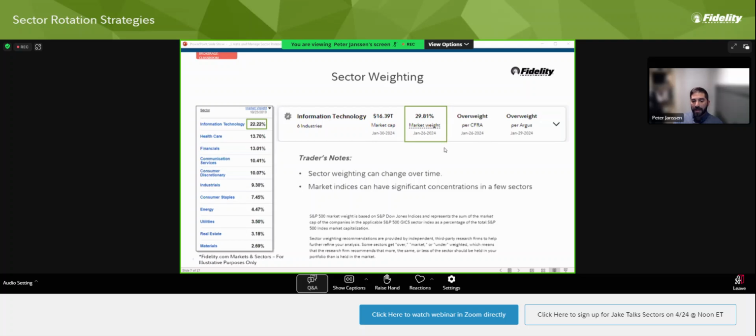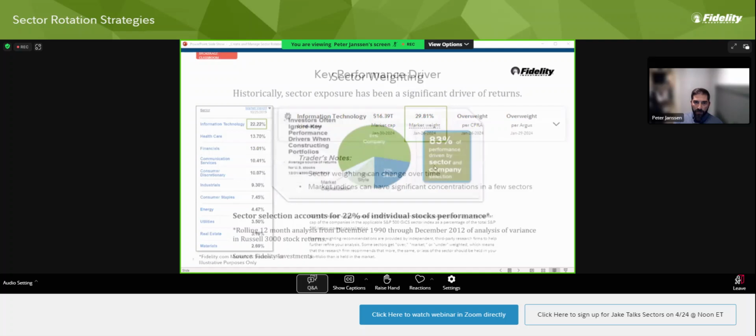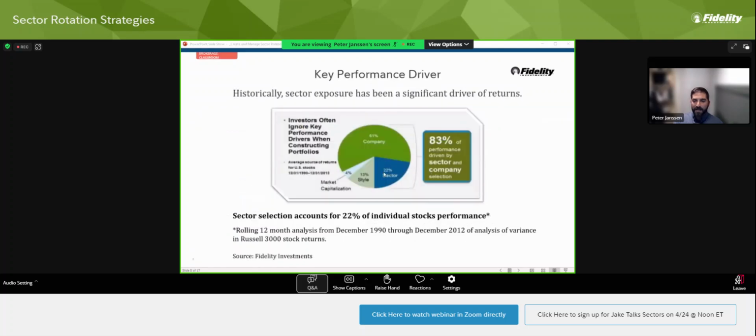The ability to go ahead and actually have those ebbs and flows in your portfolio is going to be completely up to you. And why is that so important when you think about those weightings? Well, as we're seeing here on this title slide, it can be a key performance driver.